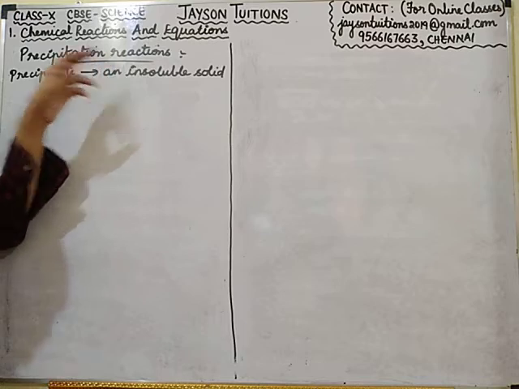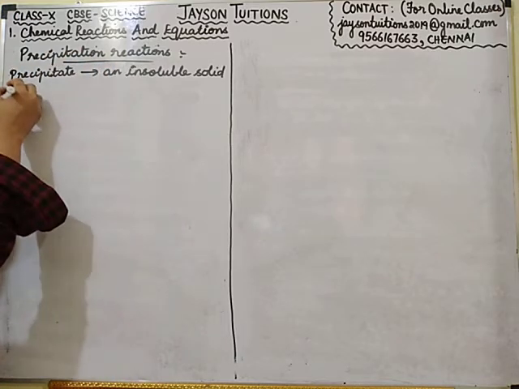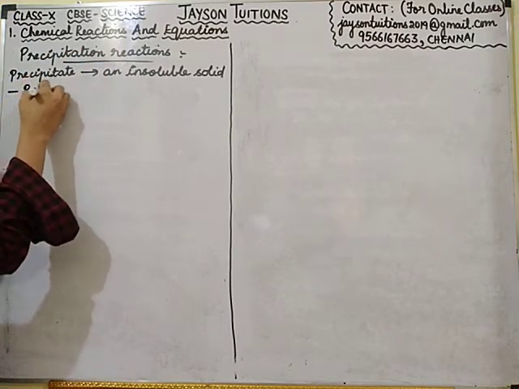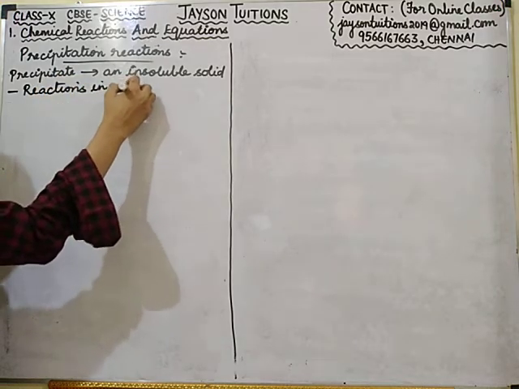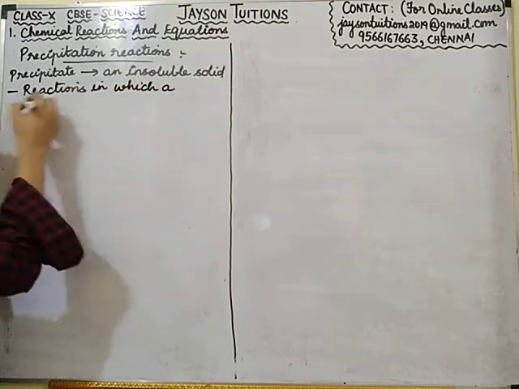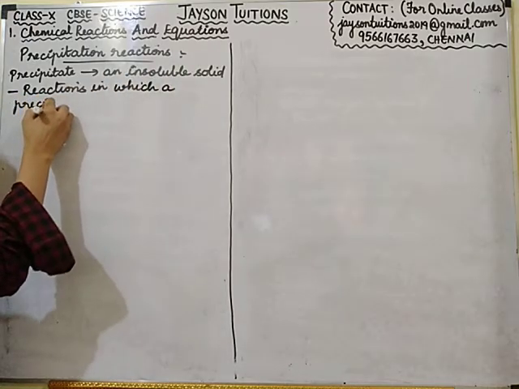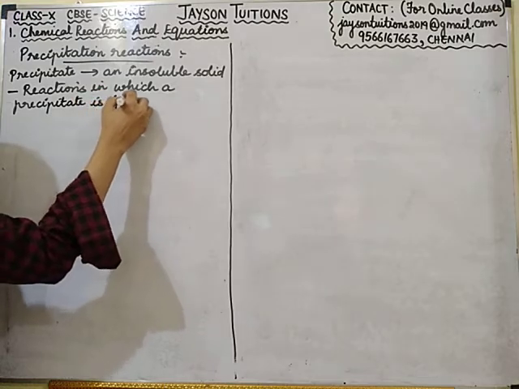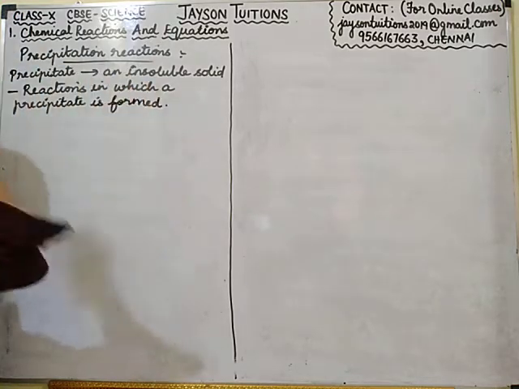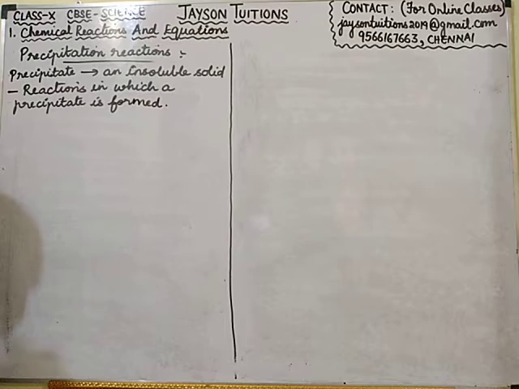So precipitation reactions are the reactions in which a precipitate is formed.